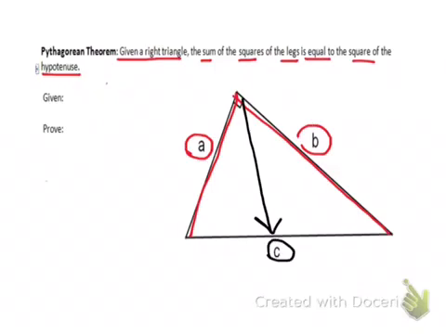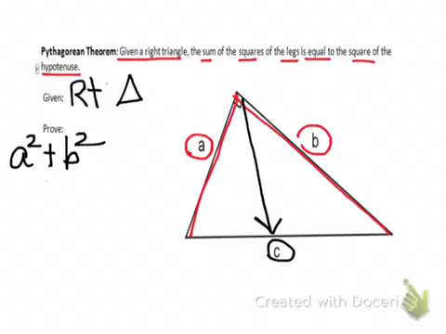So what are we given? We are given a right triangle, and we want to prove that the sum of the squares of the legs, so if I square A and B and add them, because that's what sum means, A squared plus B squared, is equal to the square of the hypotenuse. The hypotenuse is C, so I say equals C squared. And that is the Pythagorean theorem.